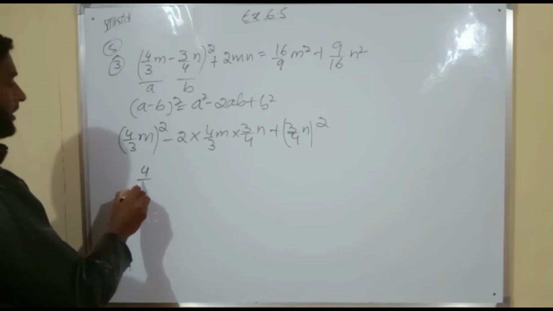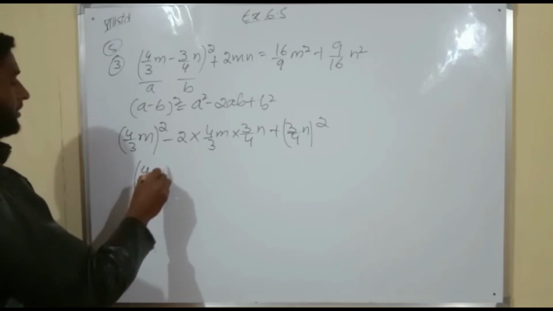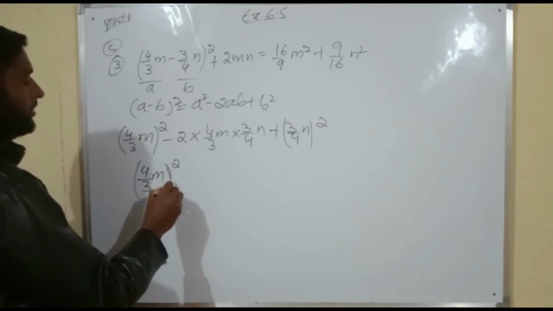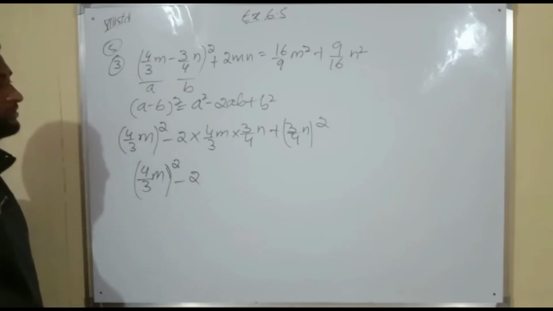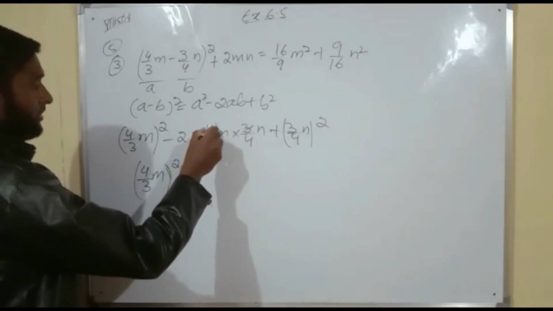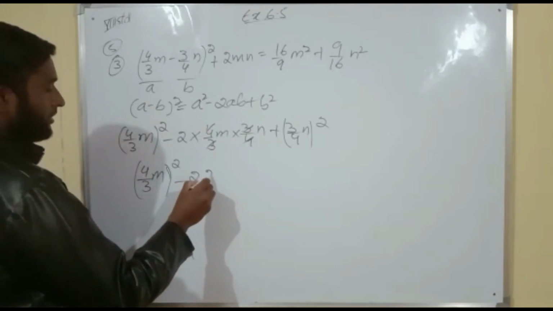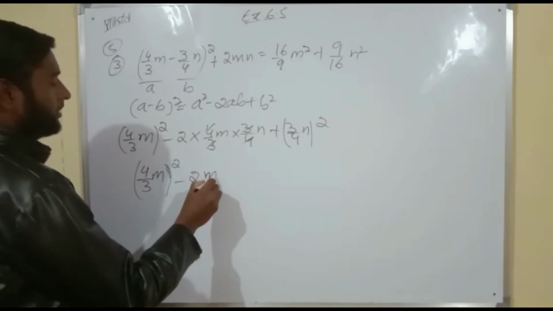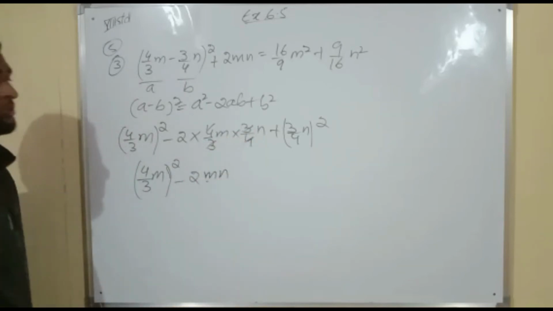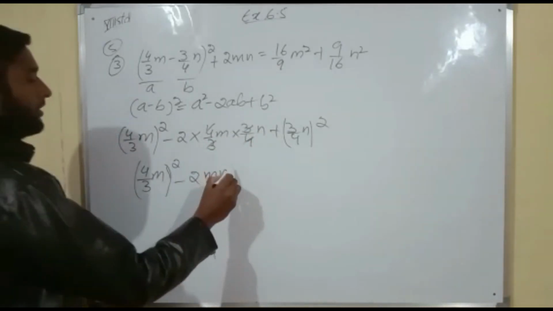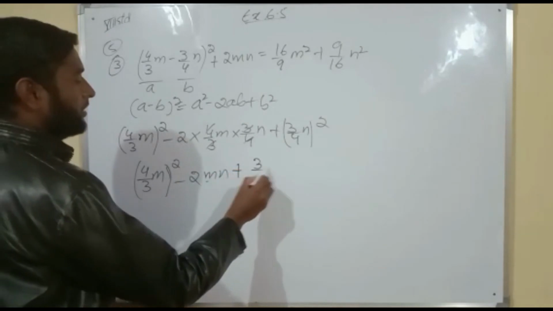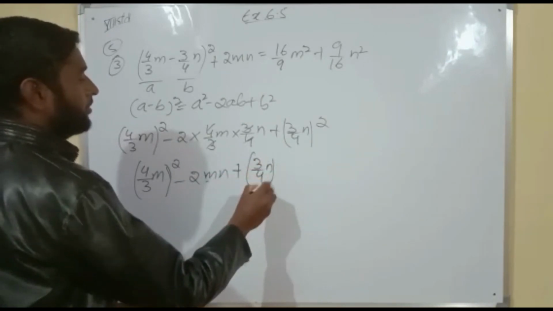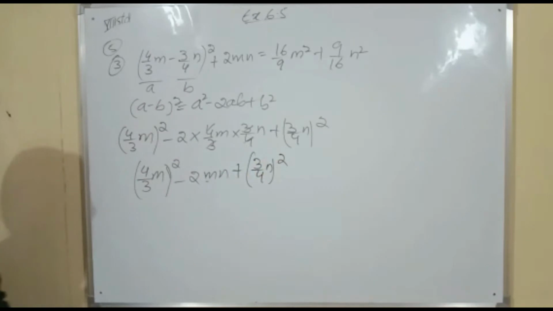So I can keep 4 by 3m whole square as it is, minus 2 into, here the 3 and 4 cancel out each other, and 2mn remains, plus 3 by 4n whole square as it is.